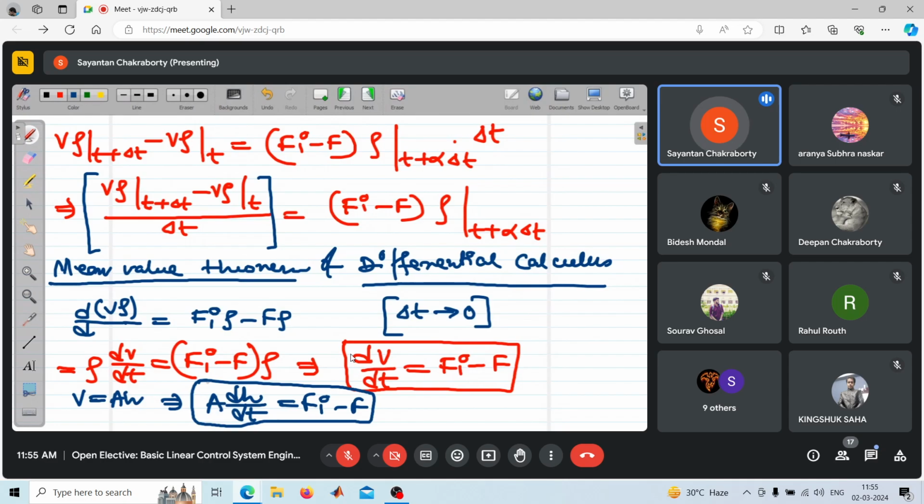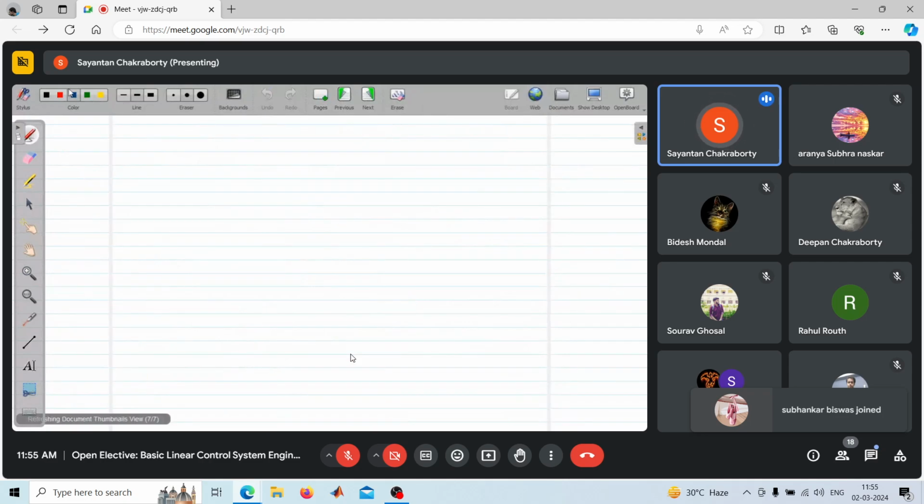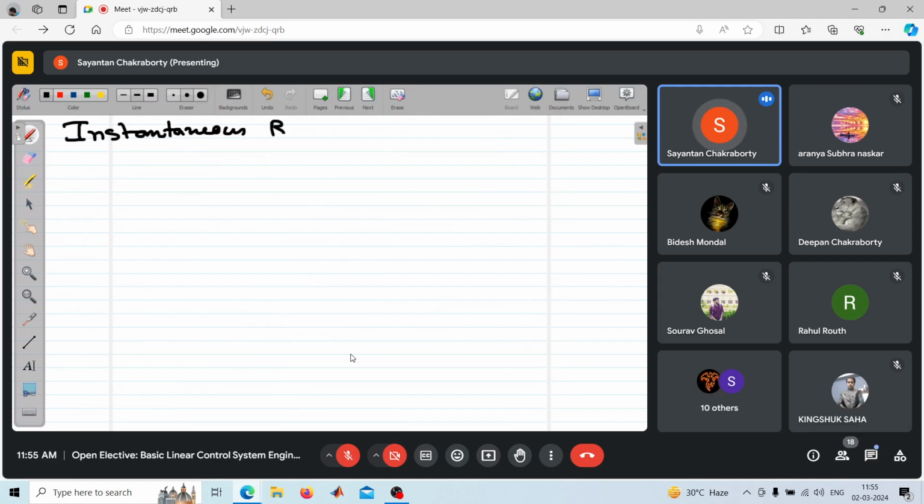Now, this is in fact an integral method because it's based on the accumulation of mass over a finite time period delta T, and as this delta T tends to 0, we get this form of equation. Now, there's another approach which is much easier, that is called the instantaneous balance method.